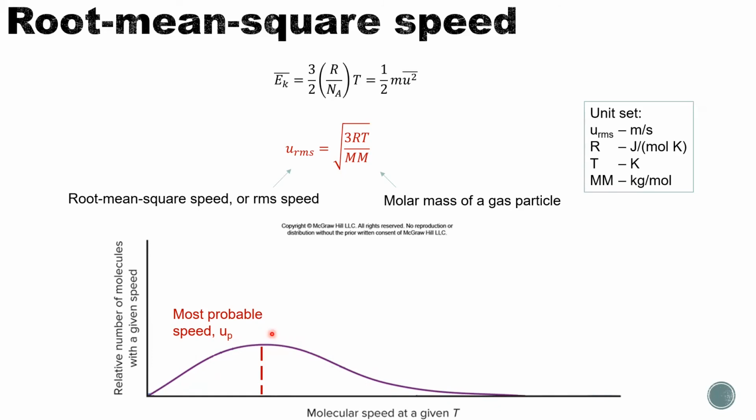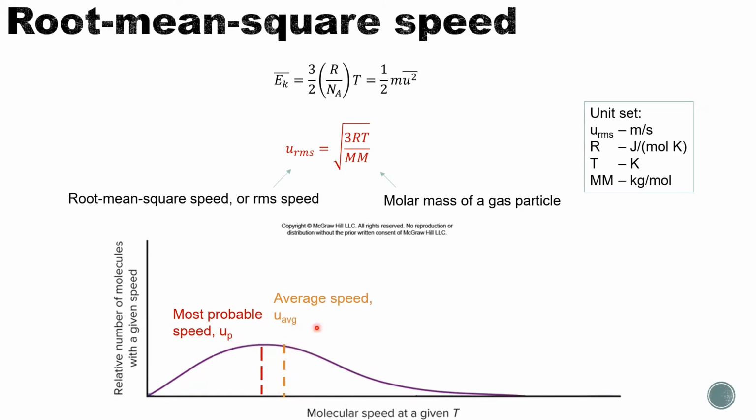Now, we also talk about the average speed. Average speed is counting the speed of all molecules and taking an average of that. Average speed is actually a little bit higher than the most probable speed. So it's not at the peak, it's a little bit to the right of the peak where we have a higher speed.